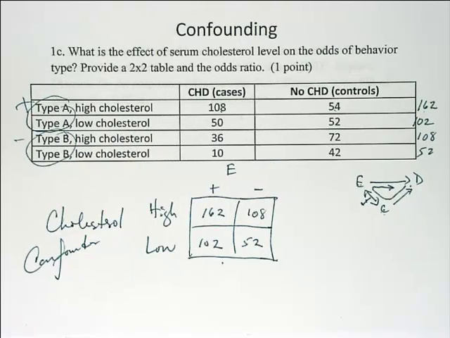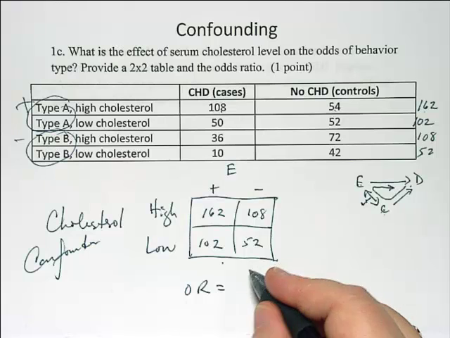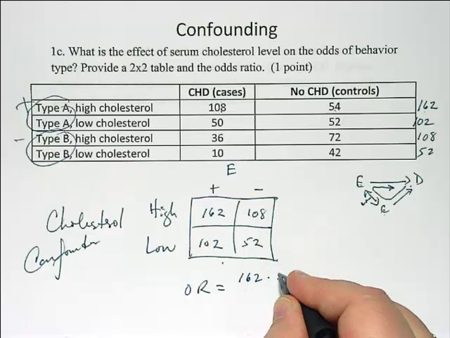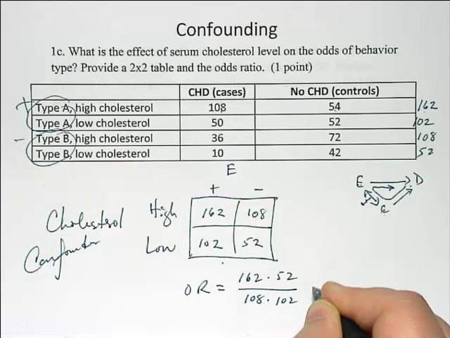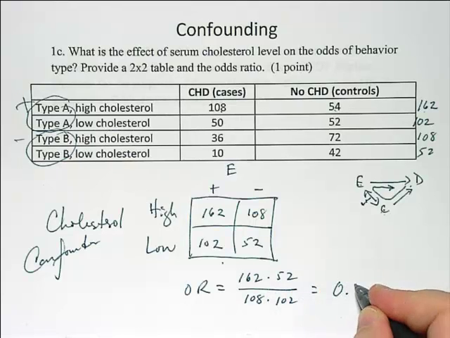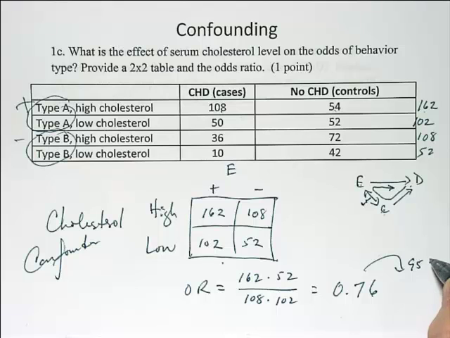Okay, so here the odds ratio is estimated exactly the same way that we've been doing it, and we come out with 0.76. In practice, we would want to do a 95% confidence interval so we could see whether or not the null hypothesis value of 1 is actually in there.